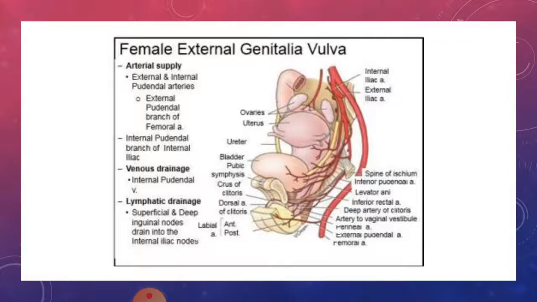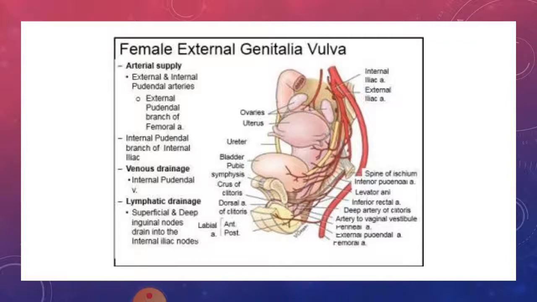We know that the internal and external iliac arteries are the branches of common iliac arteries, that were arising from the abdominal aorta. They further bifurcate into the internal and external iliac arteries.